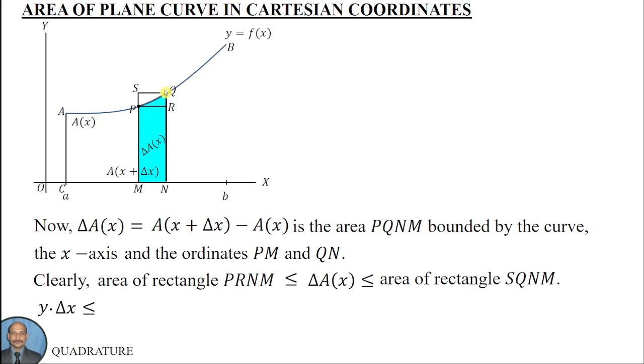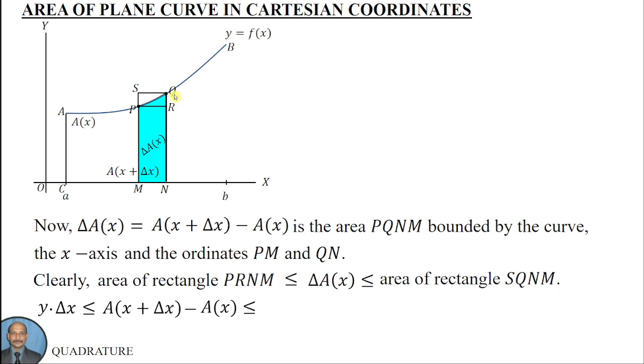One area is AQNC, which is A(x plus delta x), and another area is APMC, which is A(x). So A(x plus delta x) minus A(x), that is delta A(x), is less than the area of the outer rectangle SQNM, whose breadth, or width, is MN, which is delta x, and height is QN.